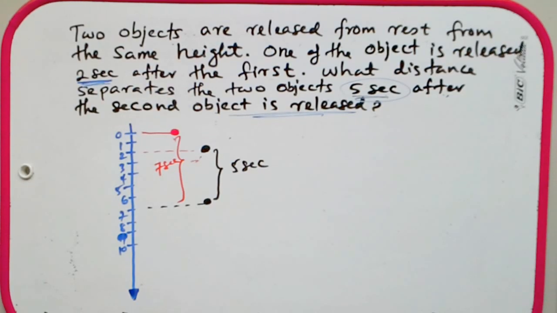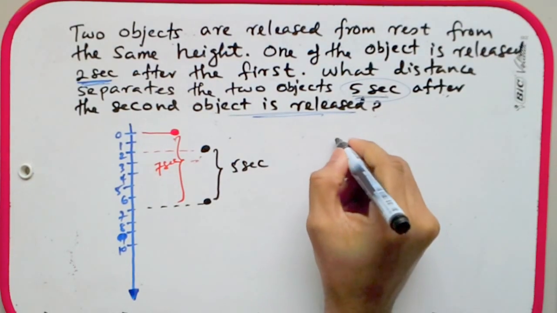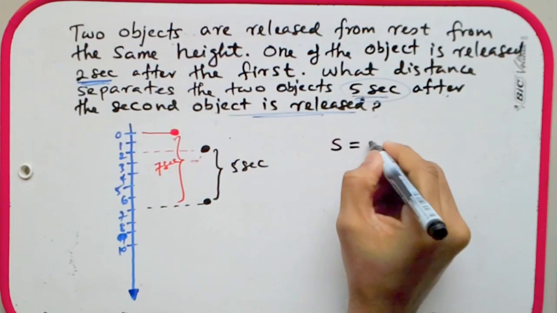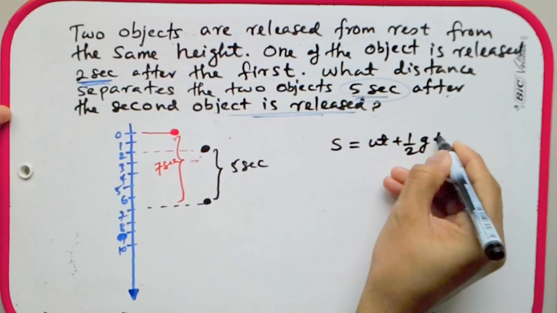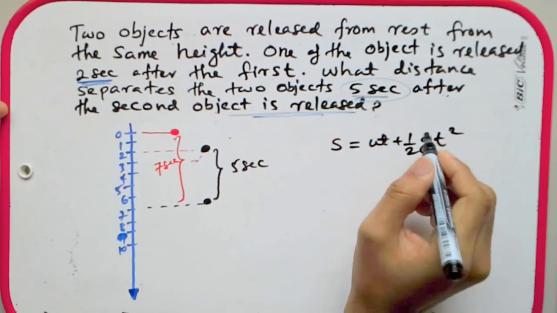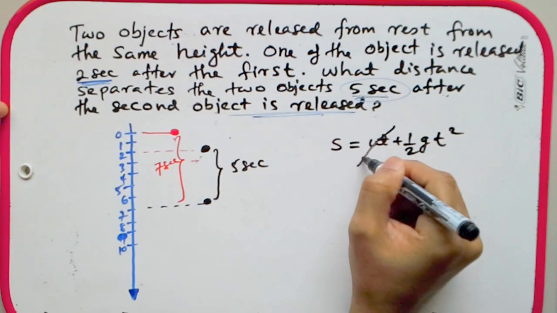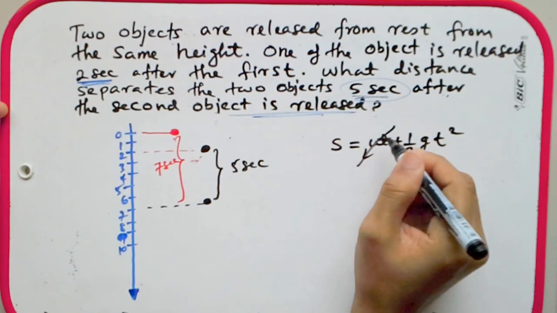Okay, so how do you find the distance between these two objects? The question is not really complicated. I'll use first s equals ut plus half gt squared. Remember, initial speed is 0, so you don't need to worry about this ut term.